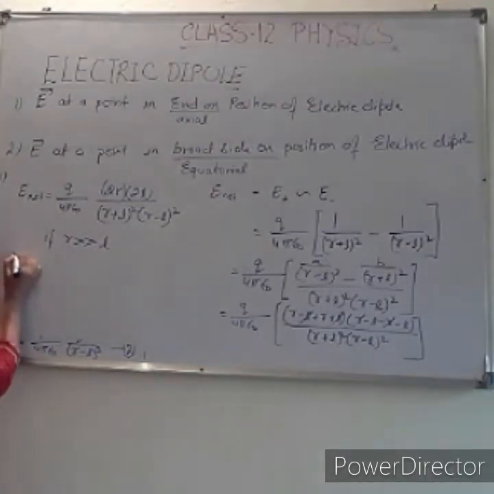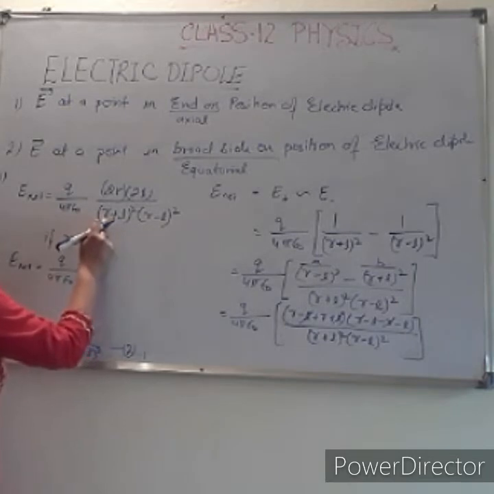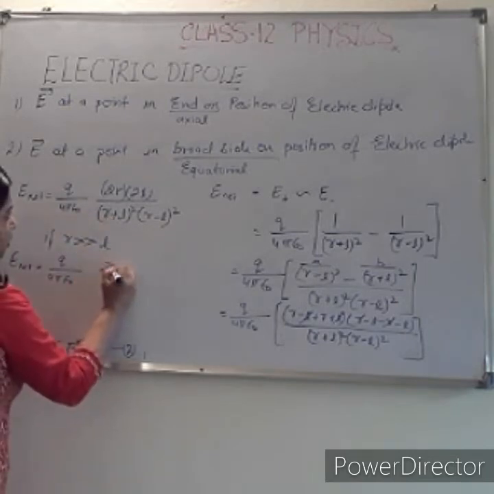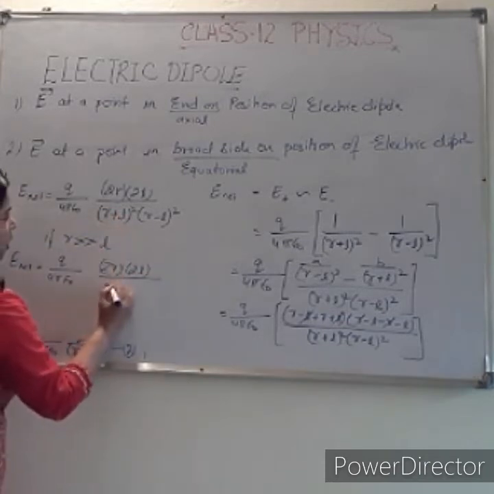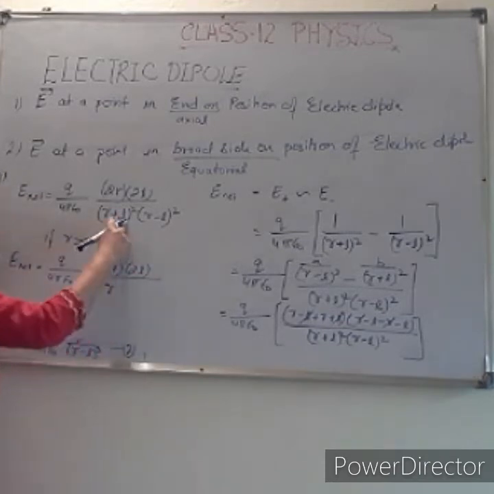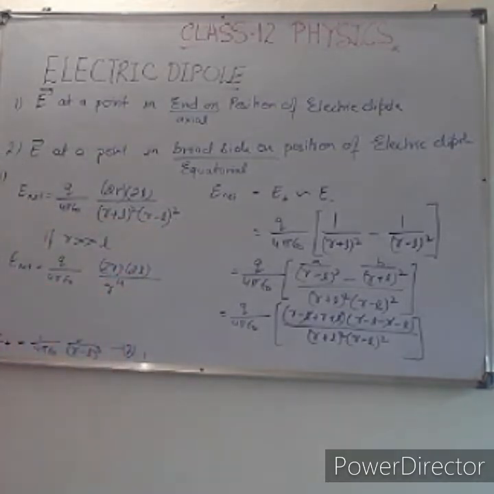So E net, we will strike off the terms L with respect to R in the denominator. So 2L, 2R divided by R square, L we have struck off, R square, that is R to the power 4. Okay.